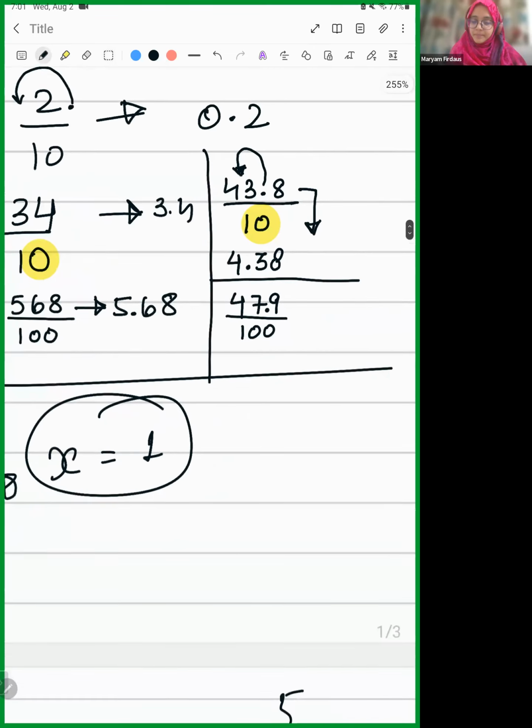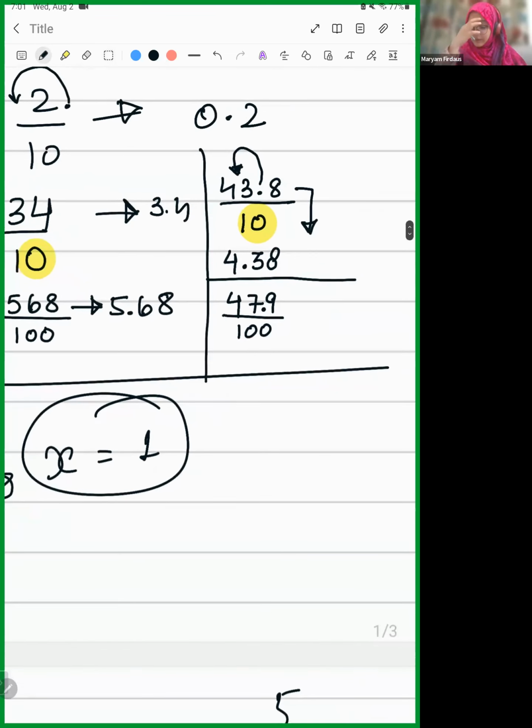Avni, your turn now. 47.9 by 100. It will be 0.479.